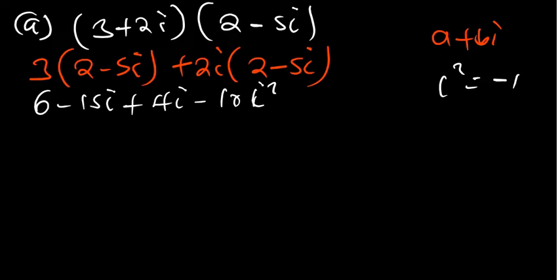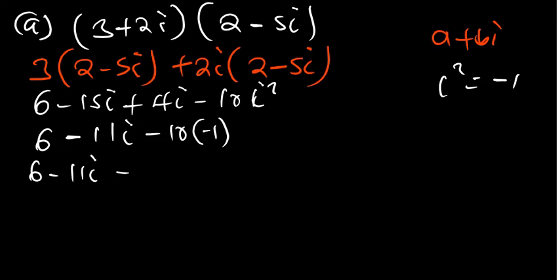So we continue from there. We know that where there is i squared, we are going to replace with what? Negative 1. So we are going to say that 6, negative 15 plus 4, this is going to give us negative what? Negative 13. No, no, negative 11. Negative 11i. Okay? Then I'm going to have 10. Where there's i squared, I'm going to put negative 1. So this is going now to give me 6 minus 11i, then plus 10.